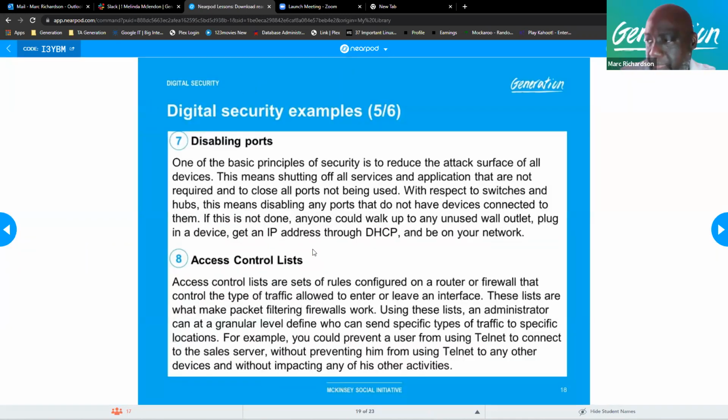So with disabling ports, everything we're reviewing are things that, as an IT person, you want to incorporate in your routine maintenance actions, like disabling the port aspect.